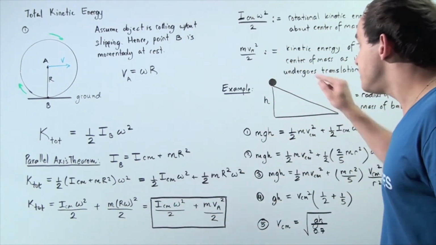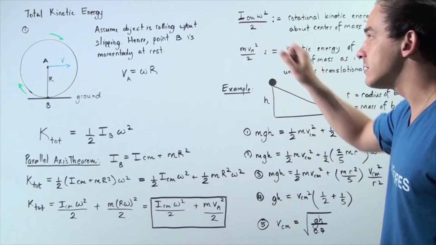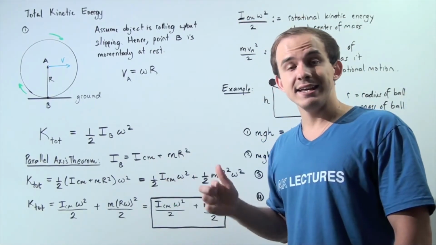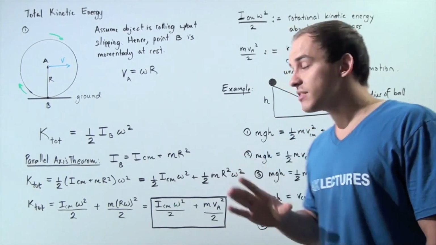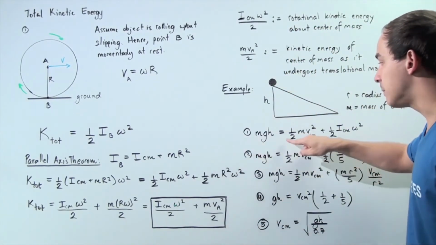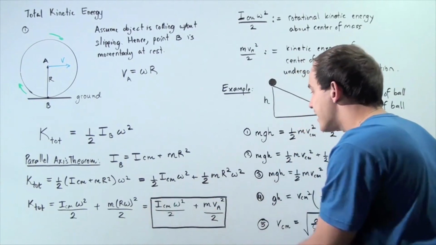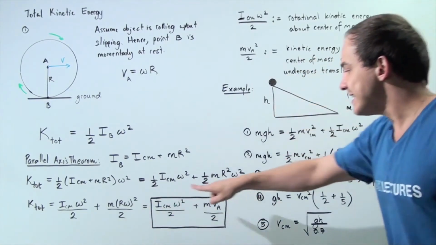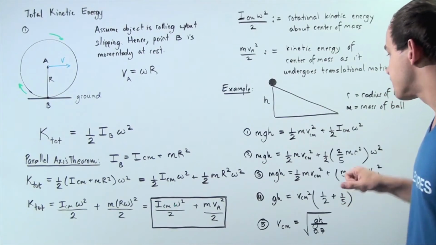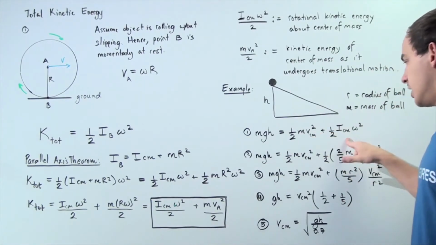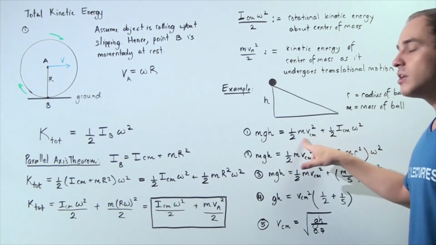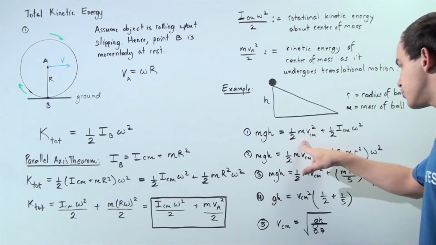And in this case, because the ball is rolling without slipping, it's rotating as well as translating. So all the gravitational potential energy went into the two types of kinetic energy. So mgh is equal to these two terms: our rotational kinetic energy and the translational kinetic energy.